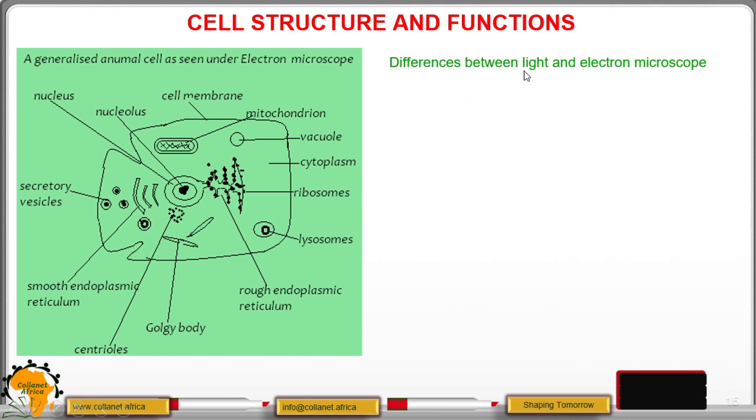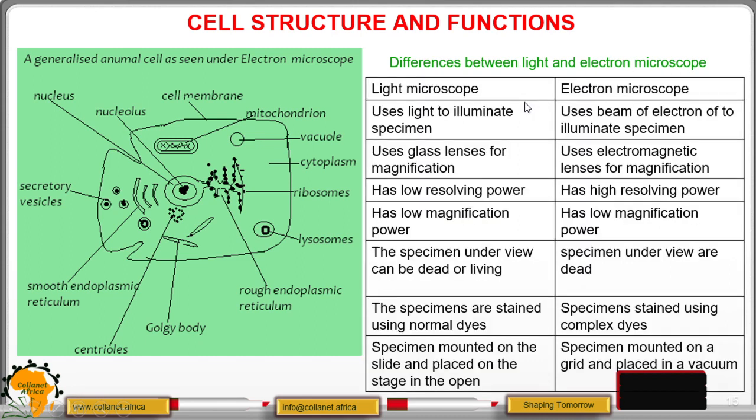So what are the differences between light and electron microscope? Light microscope uses light to illuminate or brighten the specimen, whereas the electron microscope uses a beam of electrons to illuminate the specimen. In light microscope, glass lenses are used for magnification, but in the case of electron microscope, electromagnetic lenses are used.